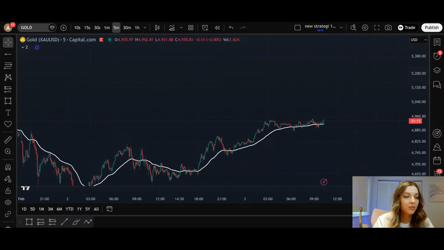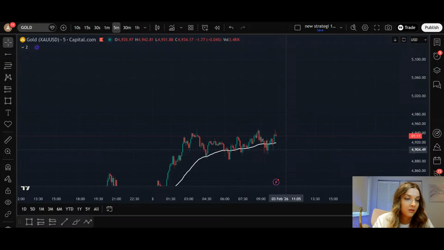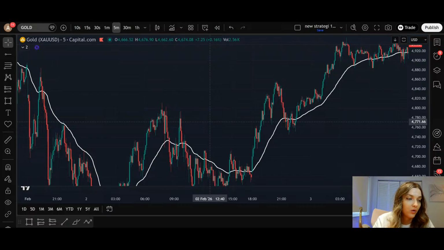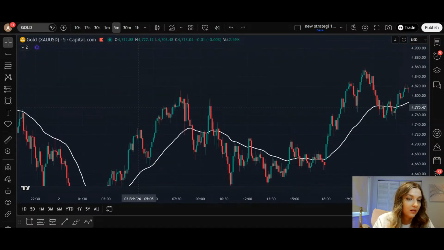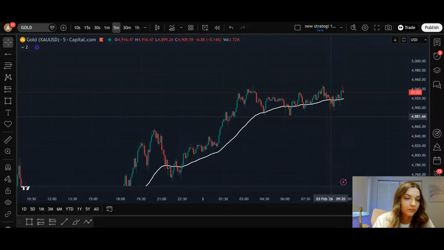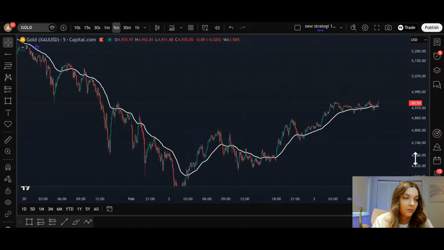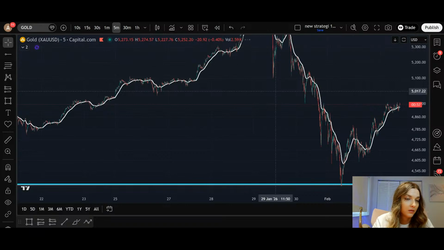I think it's stable now, if you ask me. The candles are not as big anymore. Look at those candles here. I think now you can get back to your strategy.